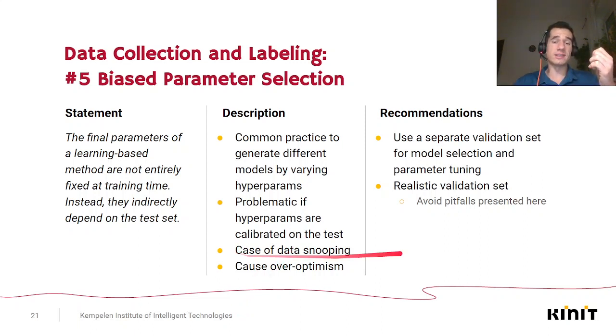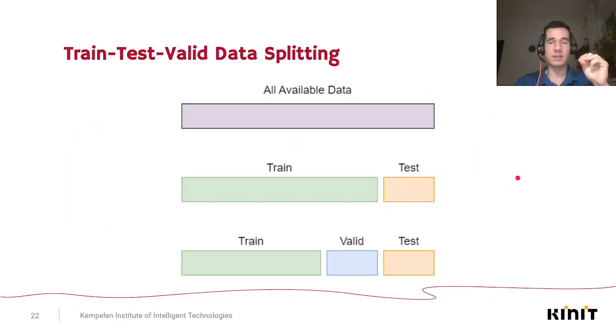So it causes data snooping, causes over-optimism, and voila, it causes a problem. So what we can do is to separate a validation set for model selection and parameter tuning. And of course, it needs to be realistic.